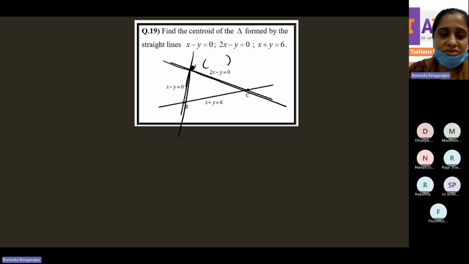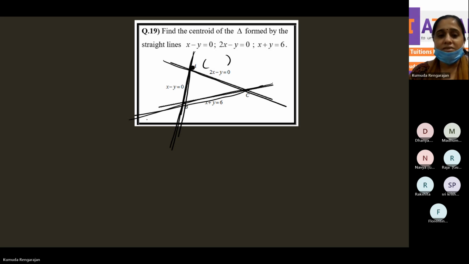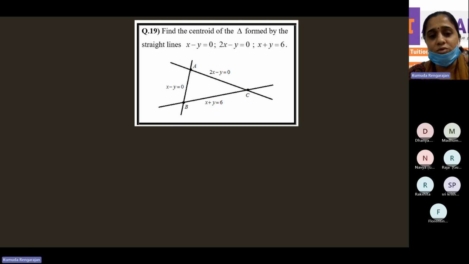Again, when you solve x minus y is equal to 0 and x plus y is equal to 6, they meet here, no? So you'll get the values for x and y, and those are the coordinates of this point B. Similarly, when you solve 2x minus y is equal to 0 and x plus y is equal to 6, the two lines meet here.